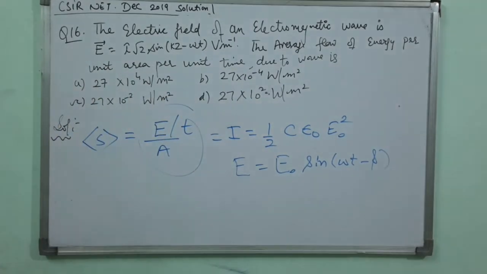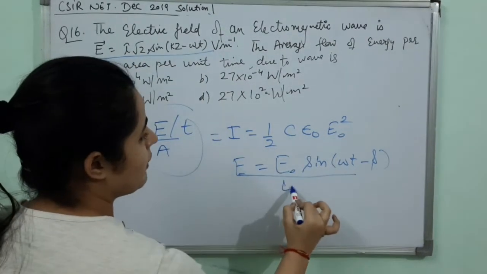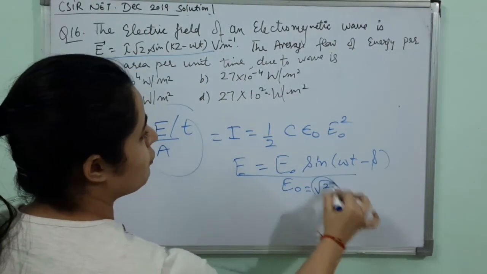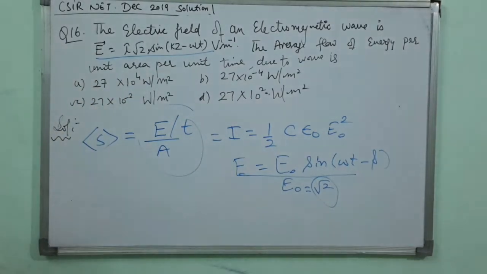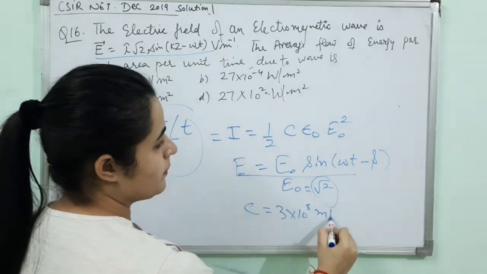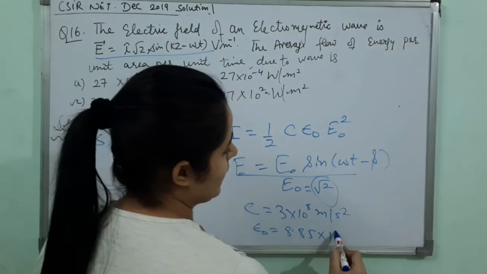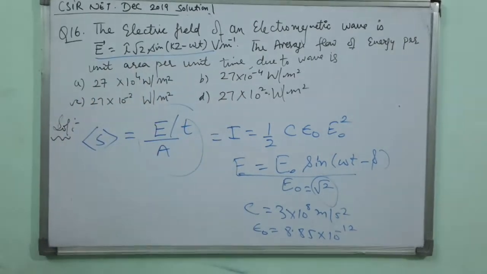Now compare this equation with this one. We get the value of E naught as root 2. We know that c is equal to 3 times 10 raised to power 8 meter per second. Similarly, epsilon naught is 8.85 times 10 raised to power minus 12.